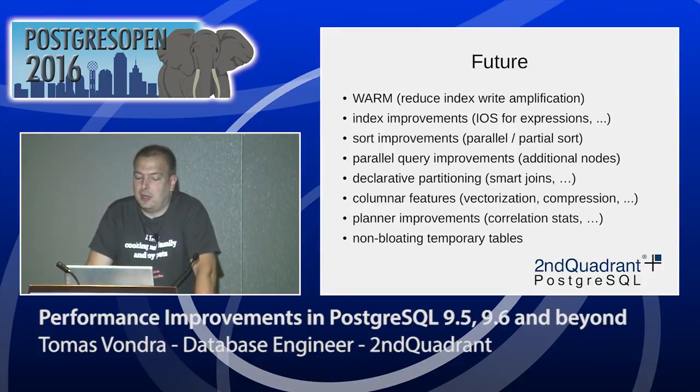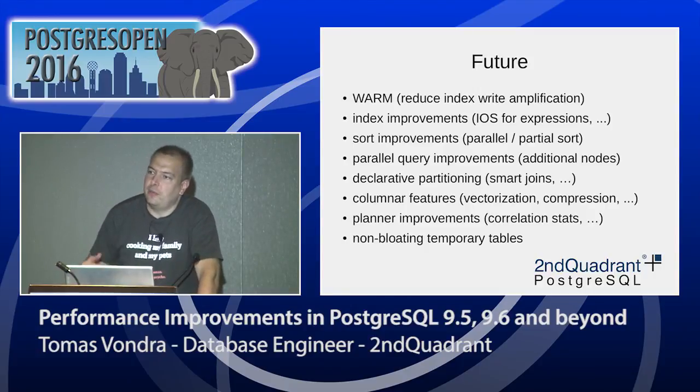There's a patch that implements declarative partitioning, because the partitioning we have in Postgres is kind of a misuse of an unrelated feature that kind of works, but not really. And declarative partitioning would be a really nice feature because it would allow optimization or significantly smarter execution of queries on that.